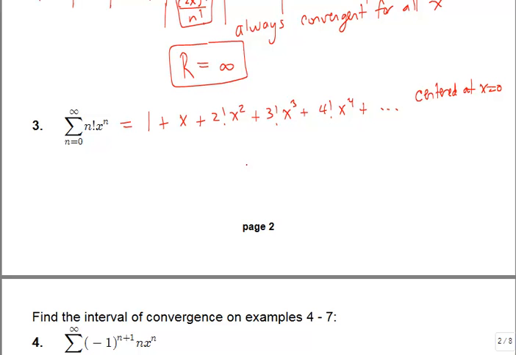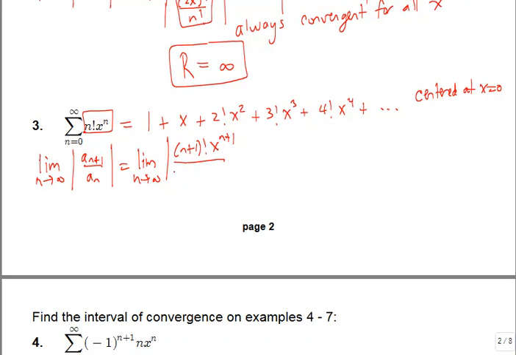And if we want to see where it converges, we're going to look at that ratio test again. So I'm going to take the limit as n goes to infinity of the nth plus 1 term over the nth term. So this becomes this formula with n plus 1 plugged in, so n plus 1 factorial times x to the n plus 1 over the nth term, which would just be n factorial times x to the n.